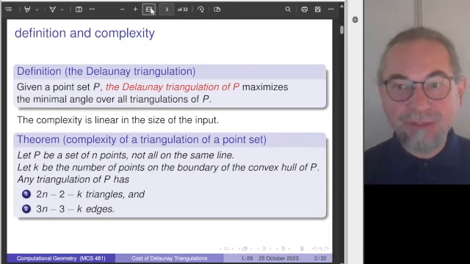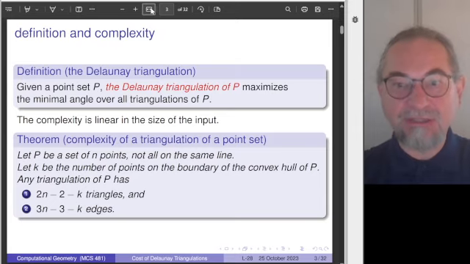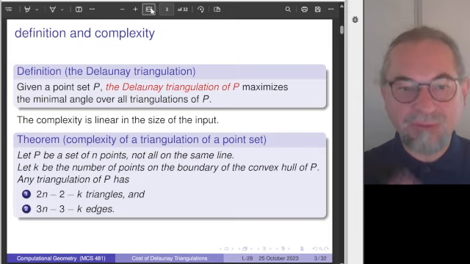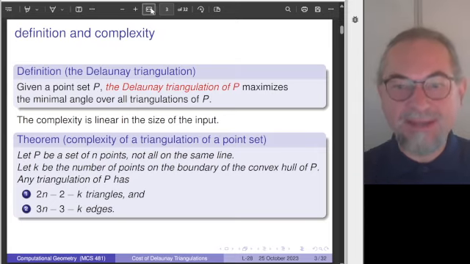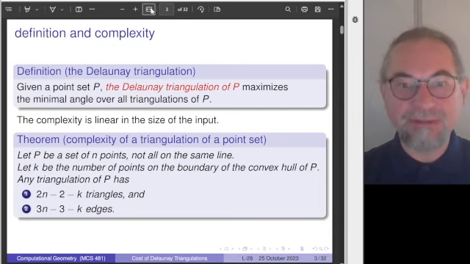In a triangulation, we are using all our points in the input. So that is important as well. This is different from the convex hull problem we started with. So that's why we have this factor k that occurs here in the complexity.